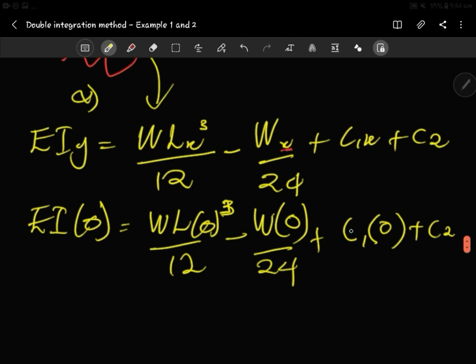So from this we find C2. Everything is 0, meaning this implies that C2 is equal to 0.